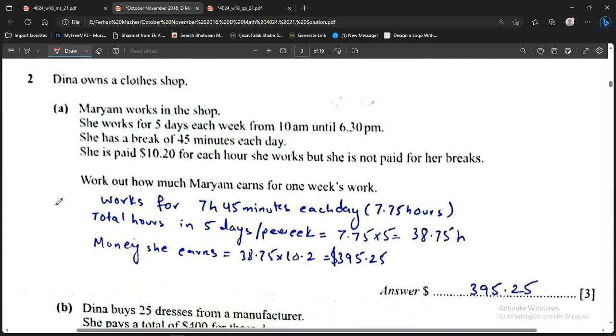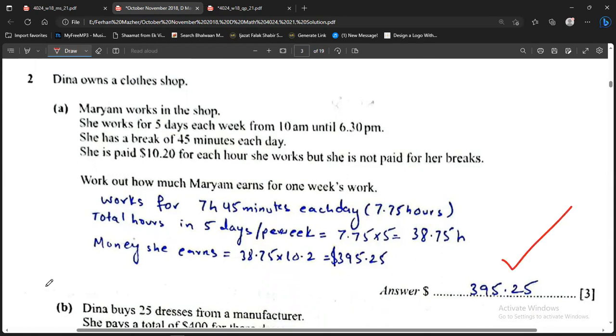The total hours in 5 days will be 7.75 multiplied by 5, that is 38.75 hours. In 1 hour she gets 10.2, so in 38.75 hours, 38.75 multiplied by 10.2 will be $395.25.